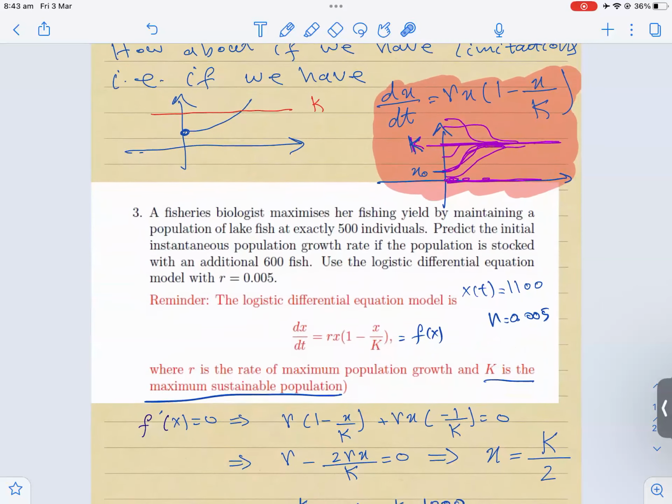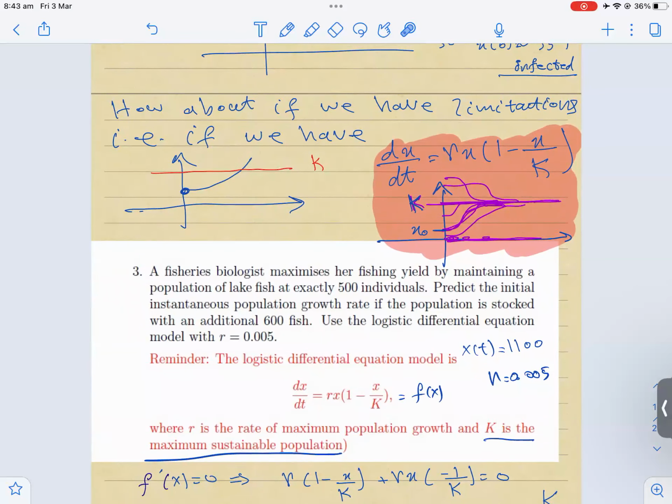So similarly, this is not the proof of x prime t equal rx, the logistic differential equation model, but somehow it is understandable. For example, if x equals 0 here, this model will be x prime equal rx.